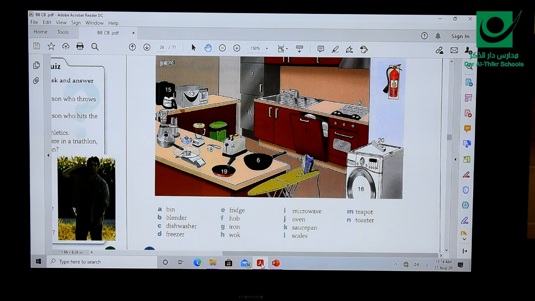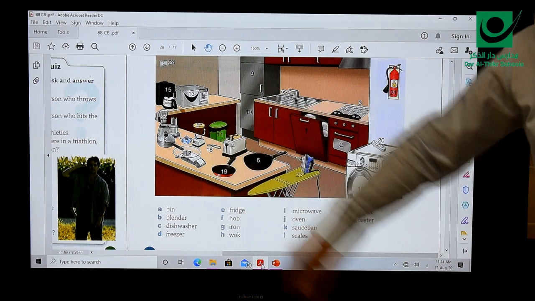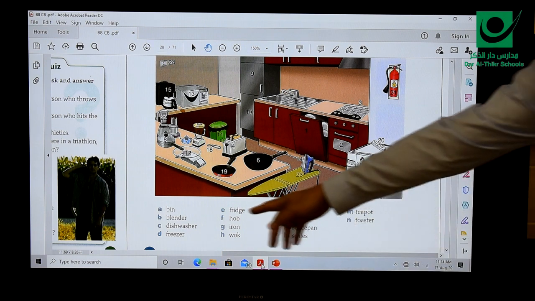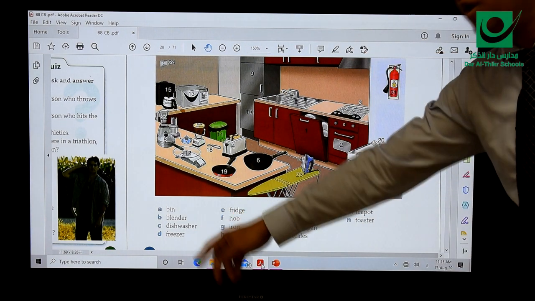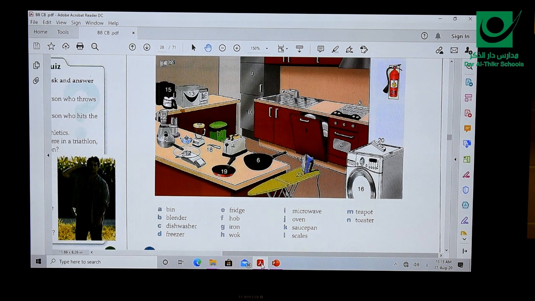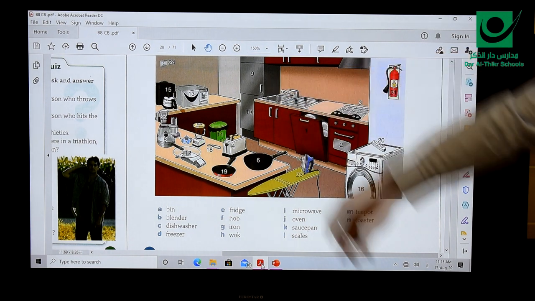When you want to make juice, for example, or to blend some tomatoes or whatever, you use a blender. Here, 5. Dishwasher. I think you know this thing very well. If you look at the picture, you find that the dishwasher is number 1. Freezer, which makes things freeze. Here it is, 9.